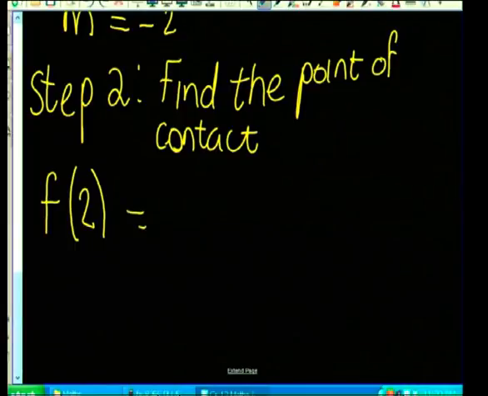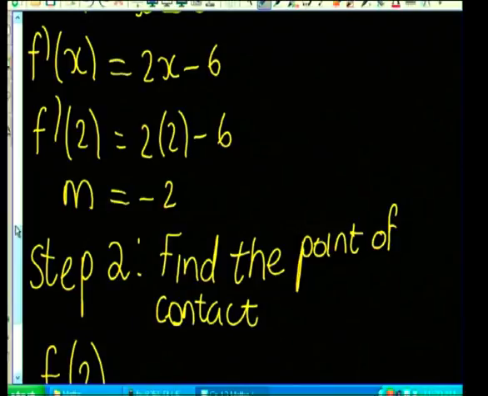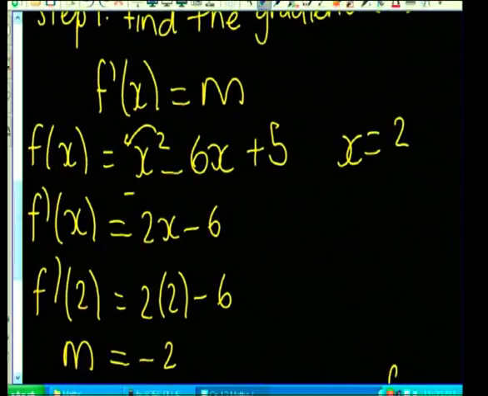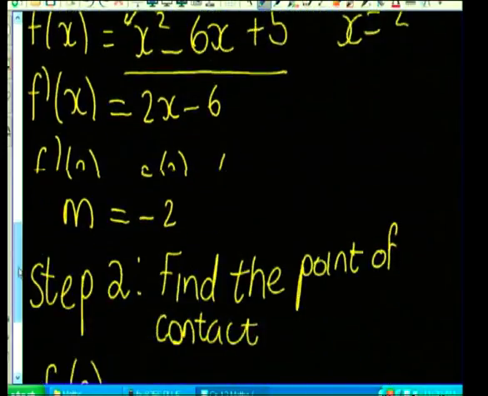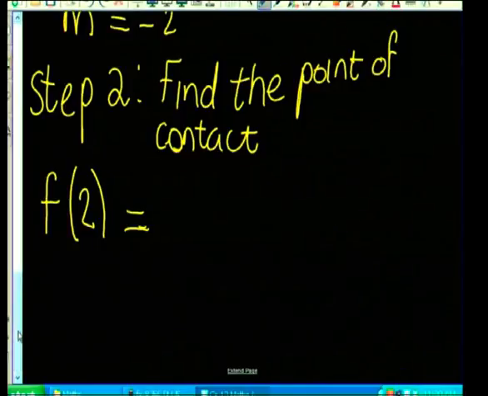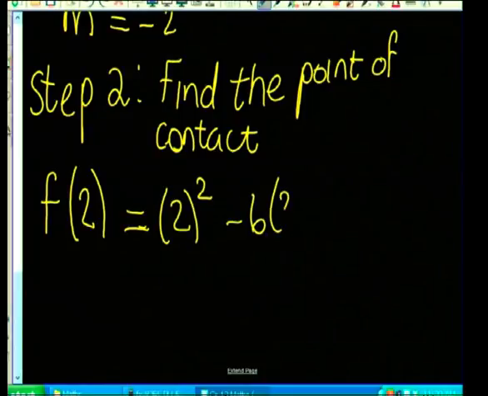So to find the point of contact, we have to substitute 2 into the original equation, this one here that we were given. So 2 squared minus 6 times 2 plus 5.